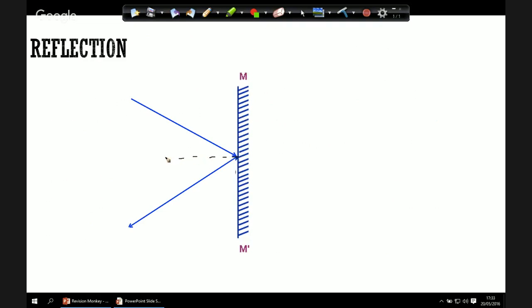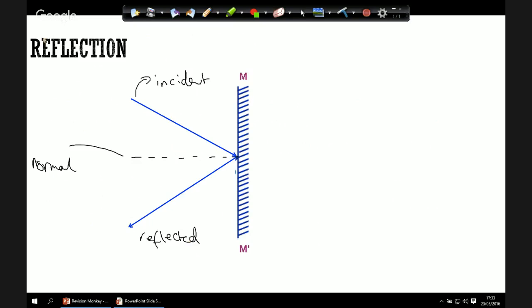And this is a dashed line. We always have to draw it as a dashed line because it's an invisible line. It doesn't really exist, but we draw it in there, and it helps us measure our angles. So this is the incident ray, the ray that's going in, and this is the reflected ray.